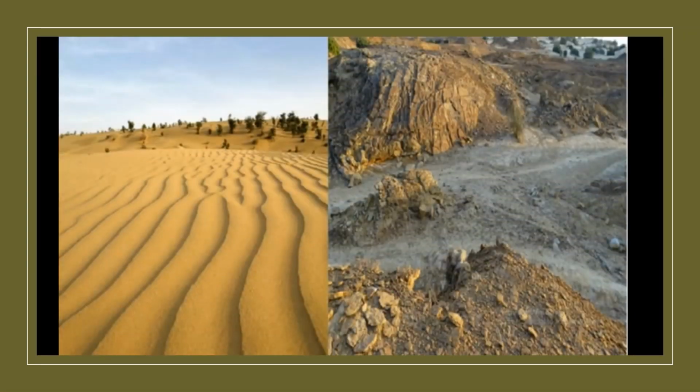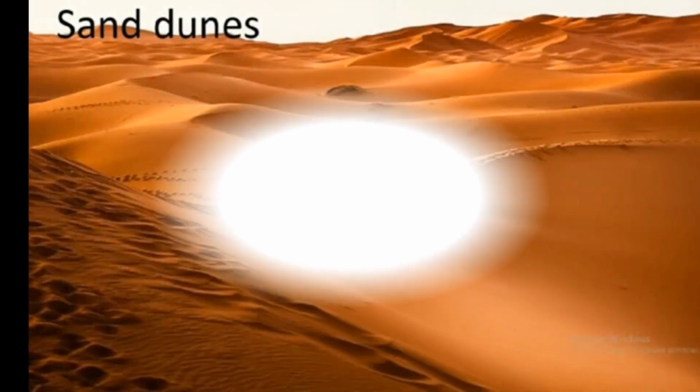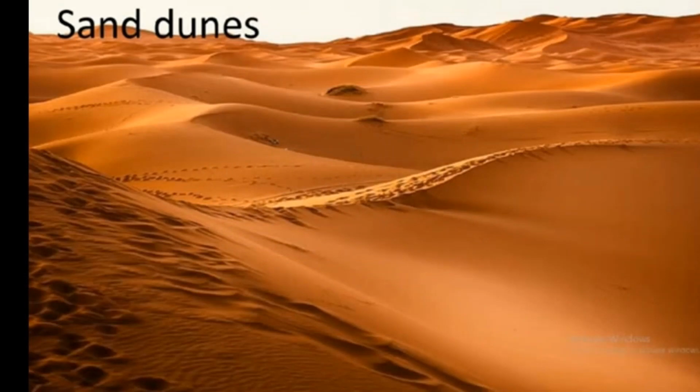Children, this picture shows the land features of the desert. The desert is partly rocky and partly covered with sandy soil. Children, this picture shows sand dunes.